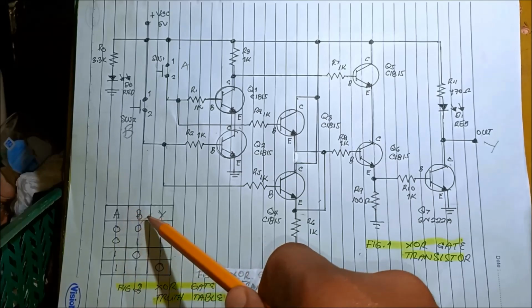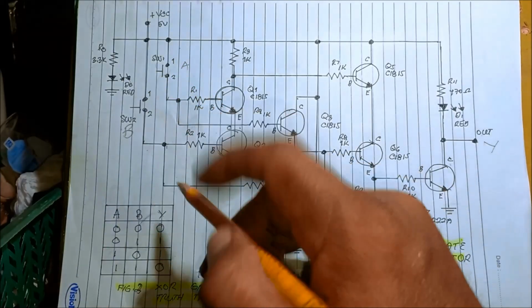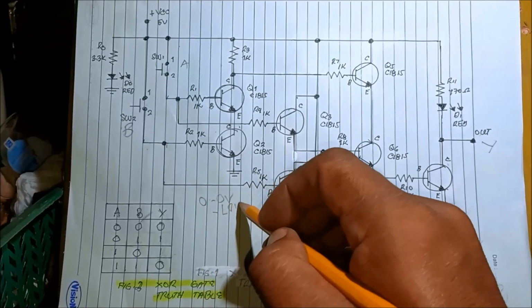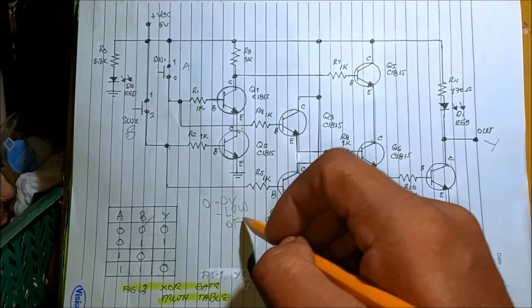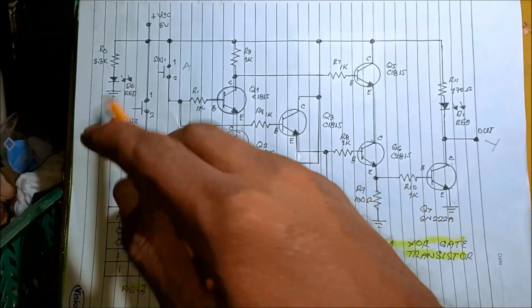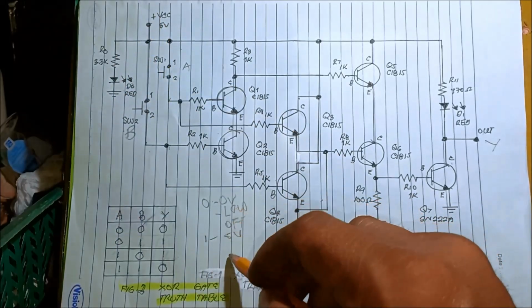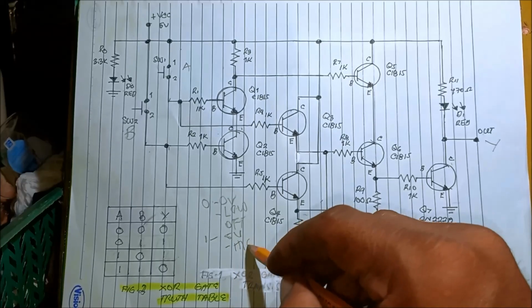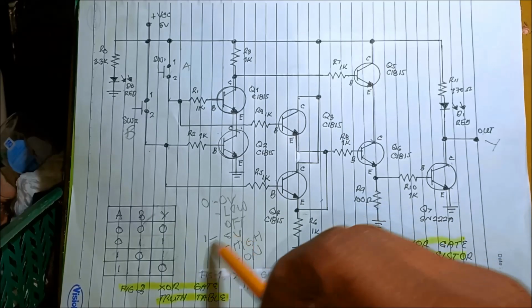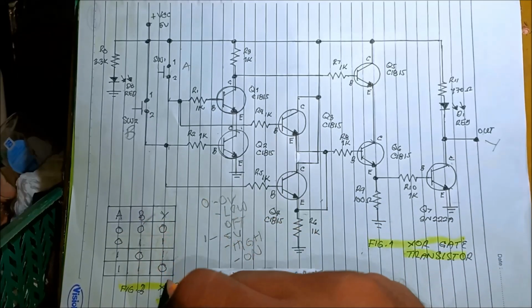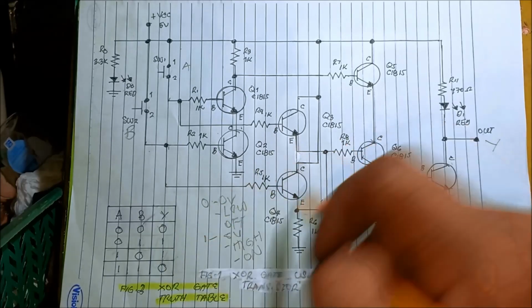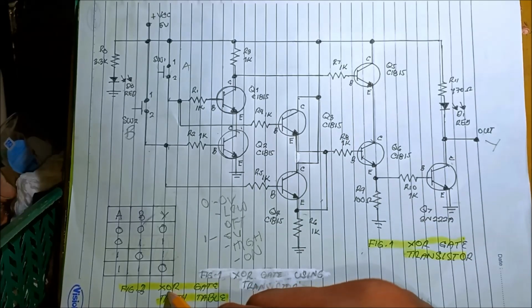0 refers to 0 voltage, which means low or off. While logic 1 refers to 5 volts because our supply is 5 volts; it is also high logic, and also on. That is the meaning of 0 and 1 because we are in digital electronics. What is the purpose of making an XOR gate?